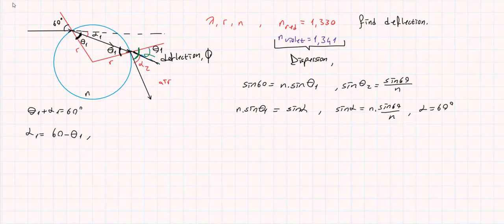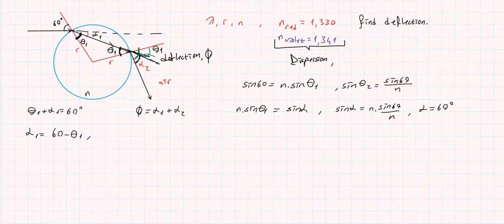Now on the second refraction point, our deflection occurs here. Actually, not exactly here, but we are trying to find this total deflection. So our deflection phi will be equal to alpha 1 plus alpha 2. Then we need to find this alpha 2. If you look at this X shape, we can see that this angle is theta 1, as I wrote here.